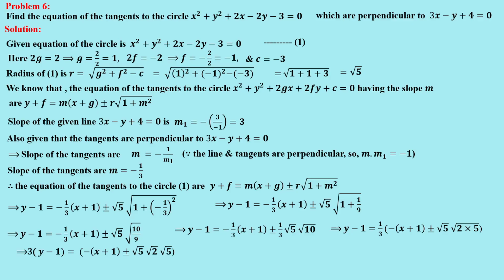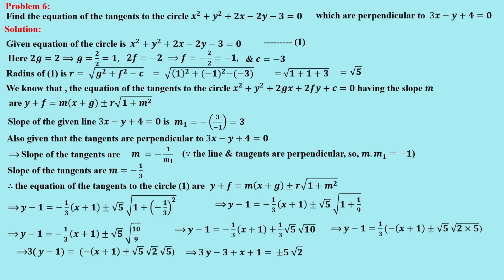So just do the cross multiplication. The right hand side denominator comes to the left hand side numerator. So 3 into y minus 1 equal to minus x plus 1, plus or minus root 5 root 2 root 5. Root 5 into root 5 is 5, right?